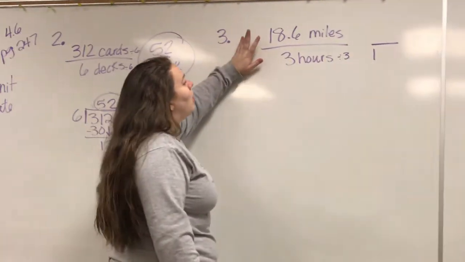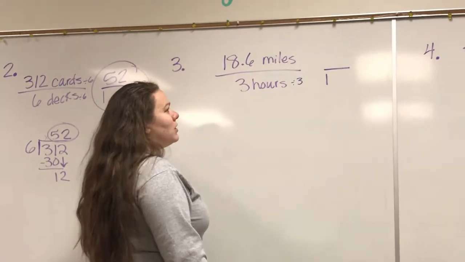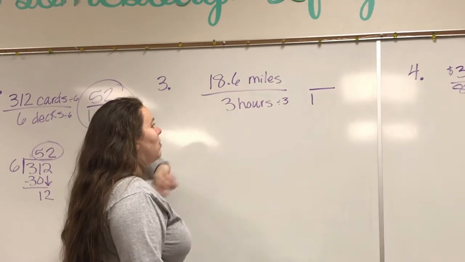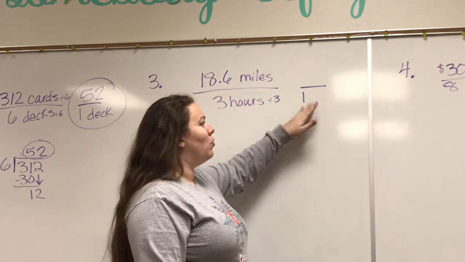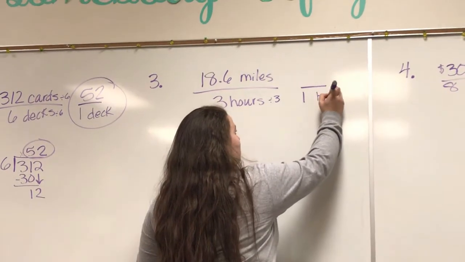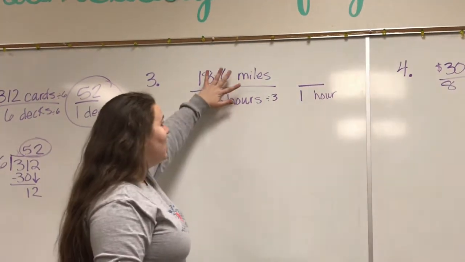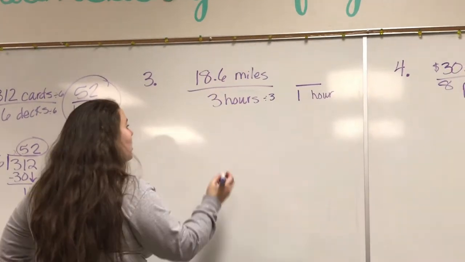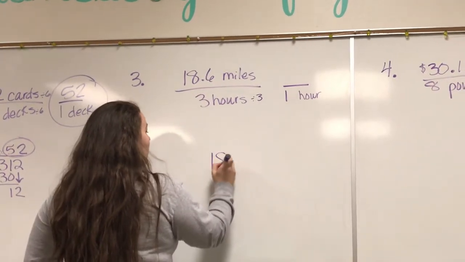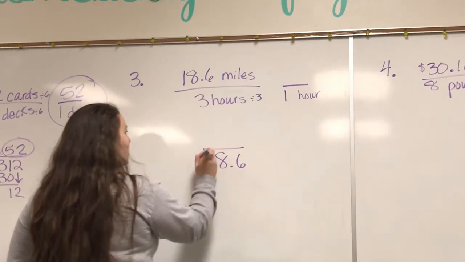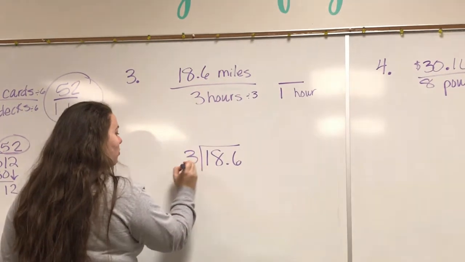Okay, on problem number 3, it was a guy running this many miles and it took him this many hours. We want to know how much he can run in 1 hour. Remember how I've said that the labels are super important. So again, pushing the top number over, 18.6 divided by 3 hours.